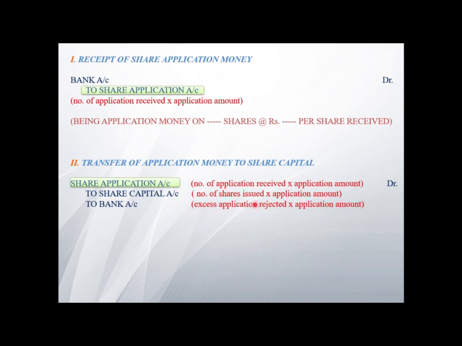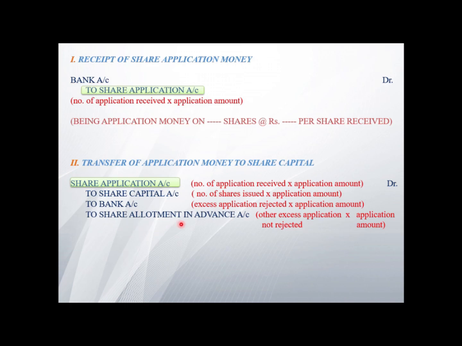Here, bank account is credited. Bank account in this entry will come when excess application is rejected and the amount is refunded by the company. So, bank account is credited. Amount will be calculated as excess application rejected multiplied by application amount. In this entry, share allotment in advance account is also credited.